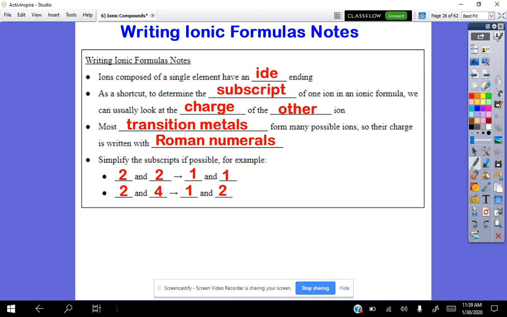The typical format for a name involves the metal ion being named first, followed by the anion. One of the things with the anion is that they change the ending of the name so that it has an IDE ending.